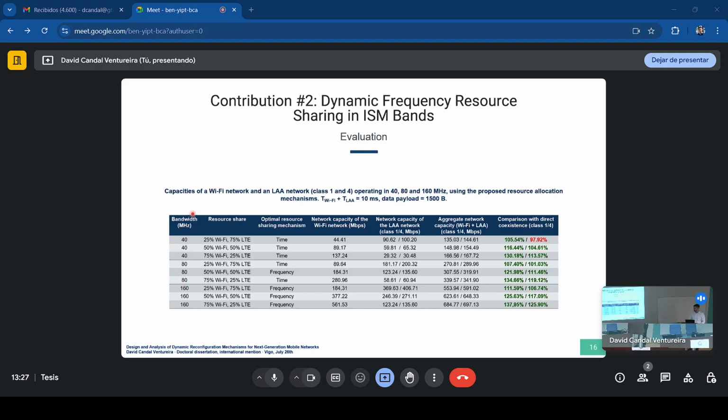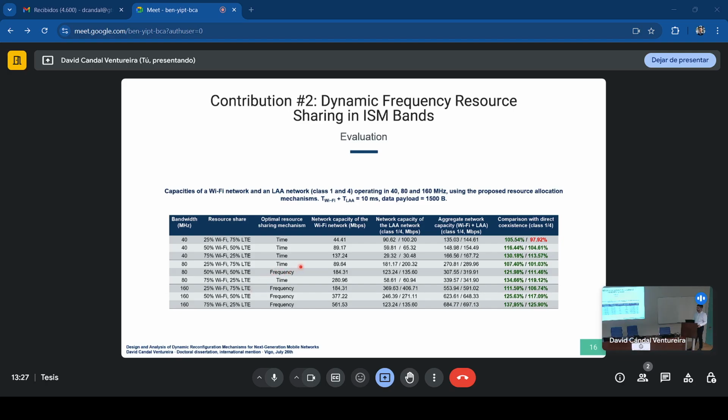I think it performs lower than 40 and also than 80 and 160. And therefore, it's clear that when the Wi-Fi channel operates in 40 megahertz, it performs better than when operating in 80 or 20.